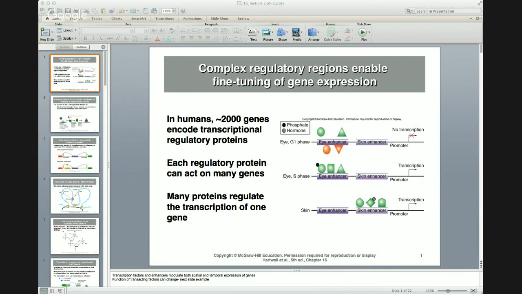That change in shape allows it to bind to the enhancer. In the absence of testosterone, that receptor is unable to bind the enhancer, and it will prevent increased levels of the protein necessary for making facial hair.